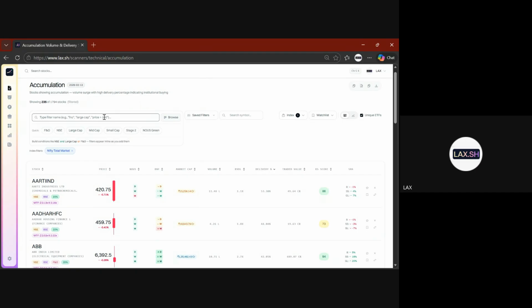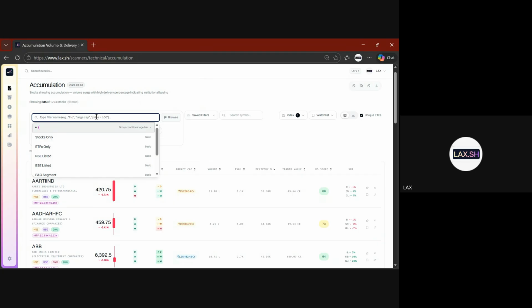Now there is accumulation, right? I've selected Nifty Total Market, but guess what? I can simply ask for news. Let's say I pick news score.